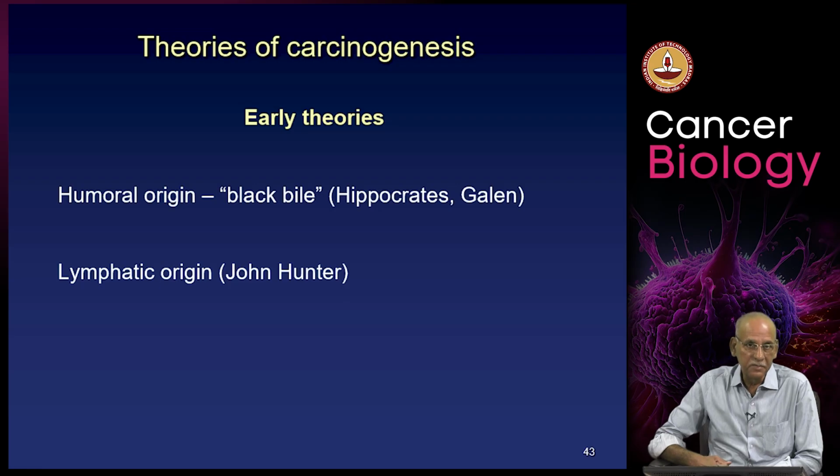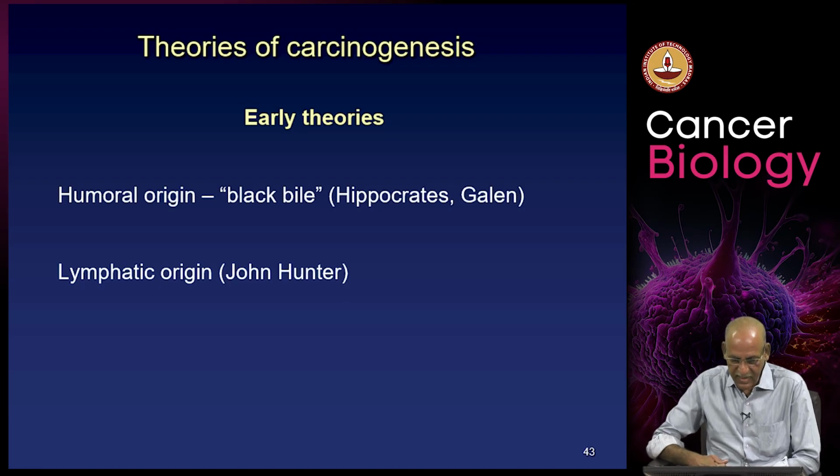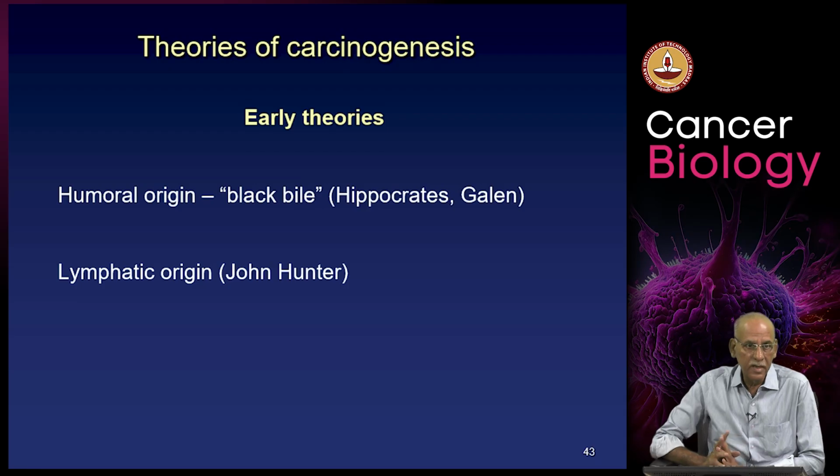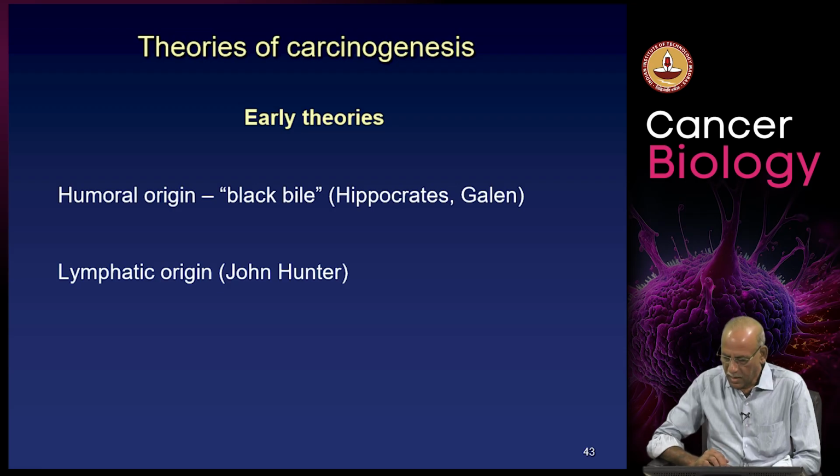Stahl and Hoffman theorized that cancer was composed of fermenting and degenerating lymph varying in density, acidity and alkalinity. The lymph theory also gained some support. John Hunter, later, after Stahl and Hoffman, agreed that tumors grow from lymph constantly thrown out by the blood. So, this was the idea in those days.